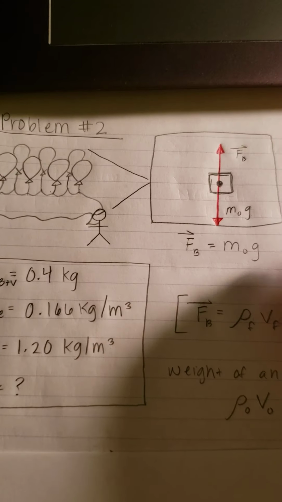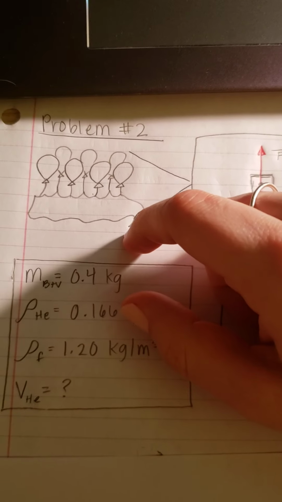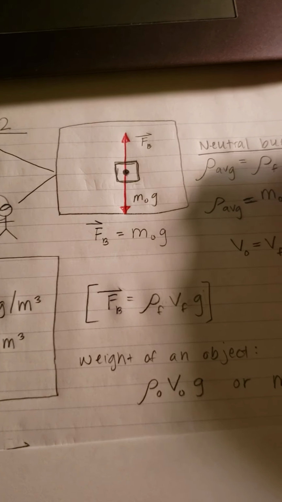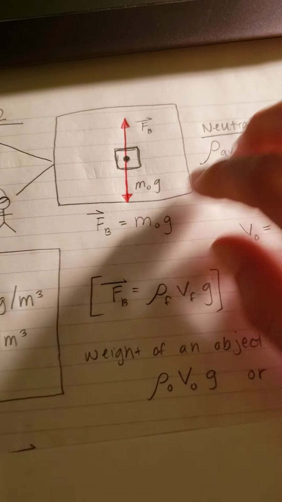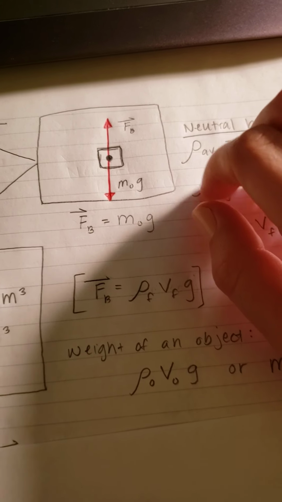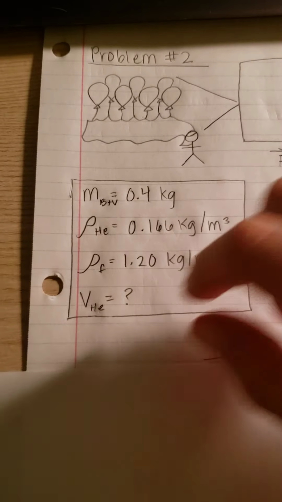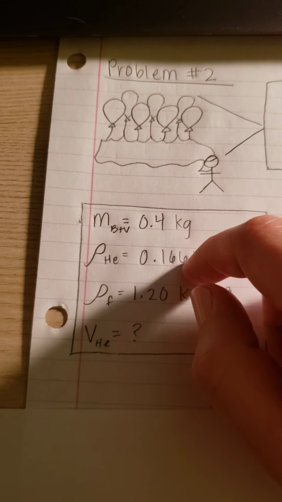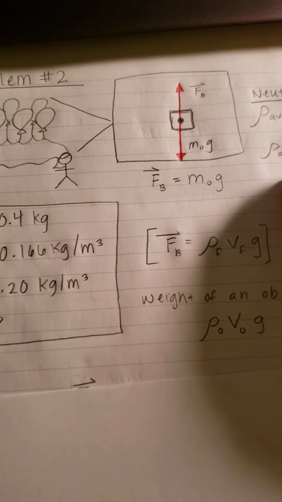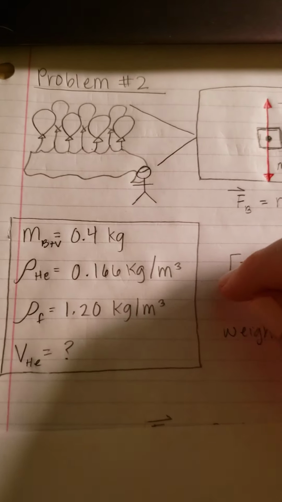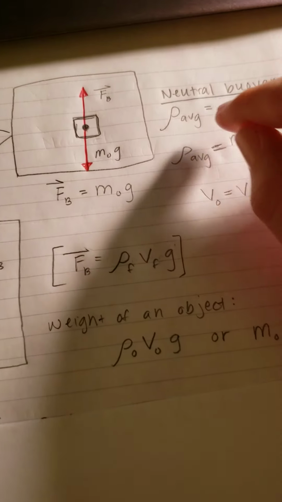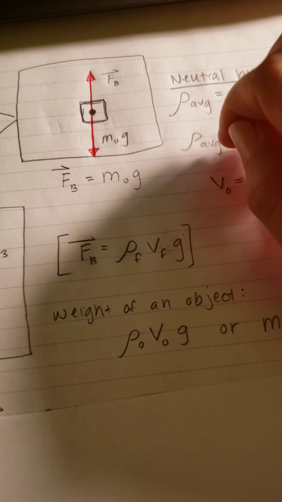If it was just a uniform object, like a block of steel in a water tank, and it was floating, we would know that the densities were equal, and then we could just take the mass and the density and find the volume. But since we have the mass of both, we need to take into account that we're going to have two different densities.